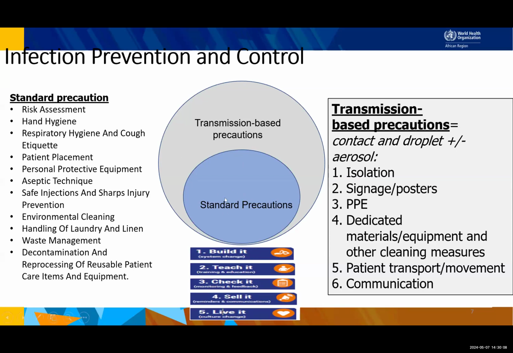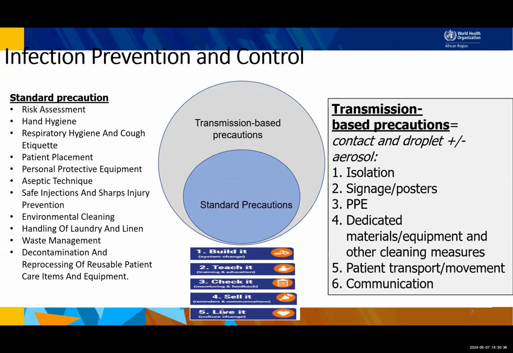As we said, this is the bare minimum, the standard precaution. In addition to that, we come to the transmission-based precaution, which is for the disease at hand. This case is monkeypox. For monkeypox, we look at contact and droplet transmission, or contact and droplet precaution. Then aerosol precaution if you're dealing with varicella zoster co-infection, or you're suspecting varicella zoster, that is chickenpox.